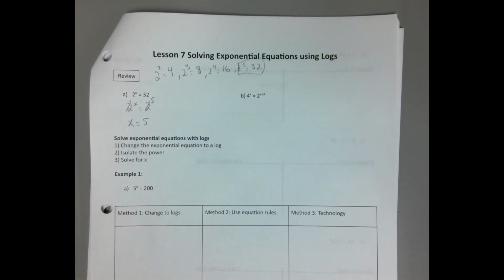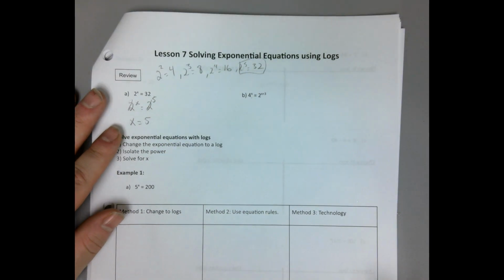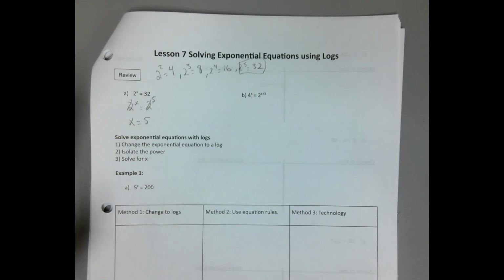This is one way we're able to solve it when we have the bases the same on either side of the equation. Looking at b here, we have 4 to the power of x is equal to 2 to the power of x plus 3. Well, we have a variable on either side of the equation here, one on the left side, one on the right side.